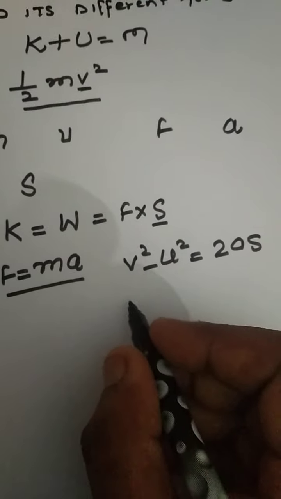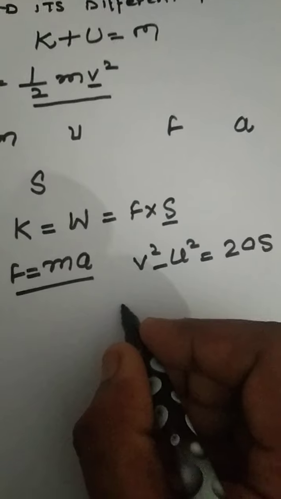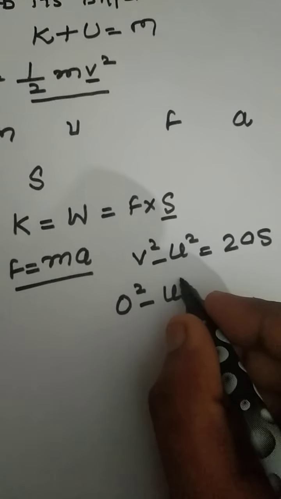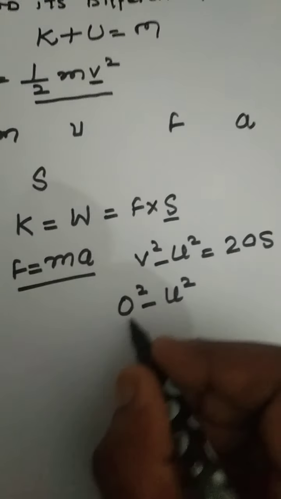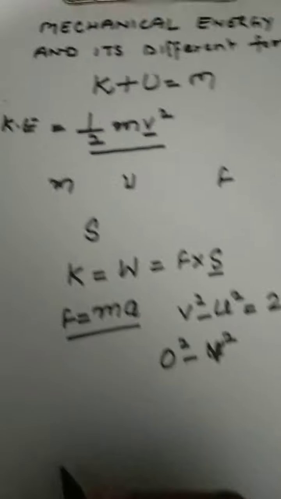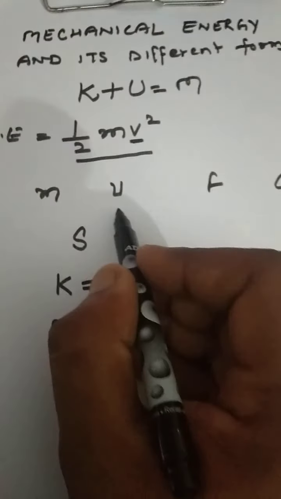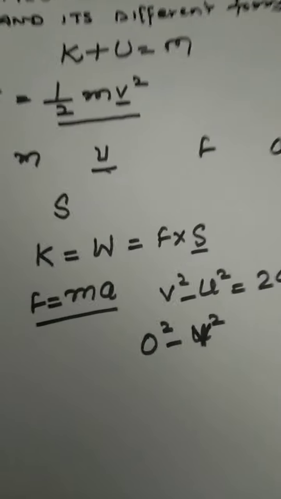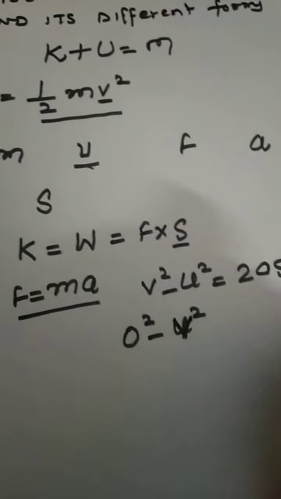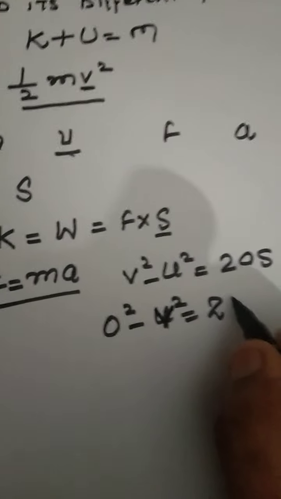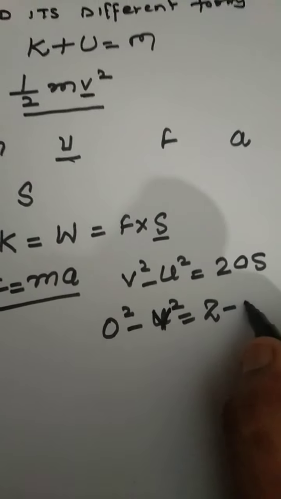As we know, the body stops, so the final velocity of the body is 0. The initial velocity, let us take, is v, as I told you here: the body of mass m moving with velocity v. So I filled in the initial velocity v, the final velocity 0, and in place of 2a I filled in minus a.